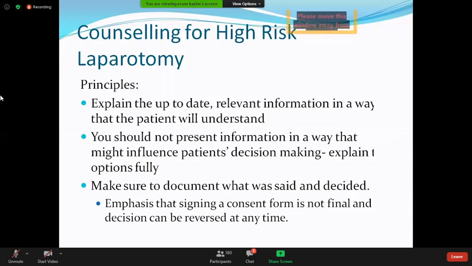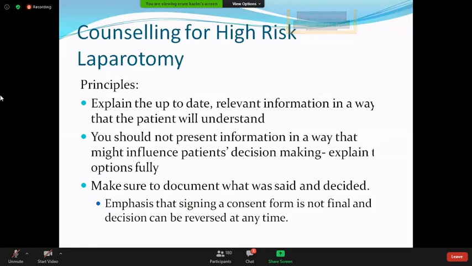So you have to explain the relevant information in a way that he will understand, and you will also allow time for the patient so that he can process the information and ask you any questions. We should not present information in a way that might influence the patient's decision making.